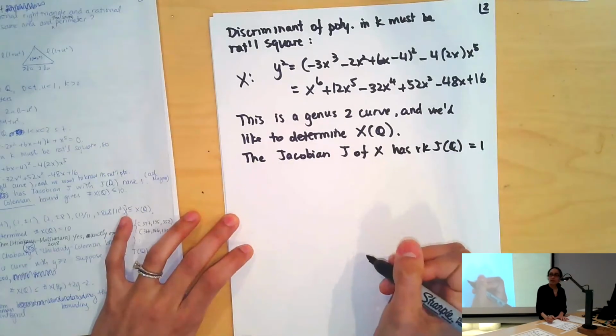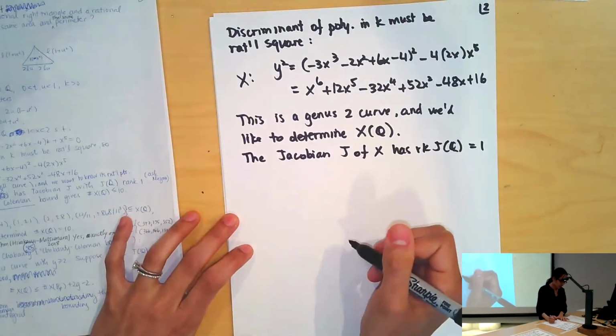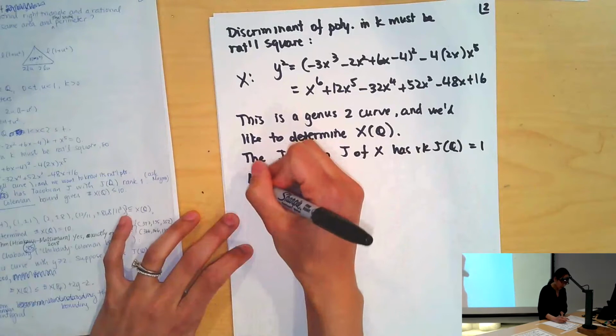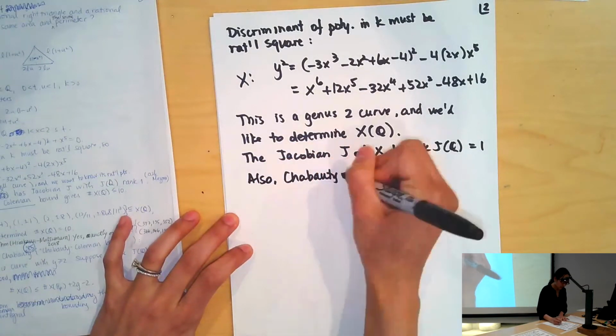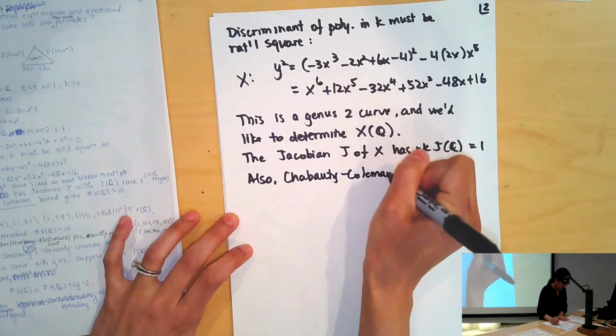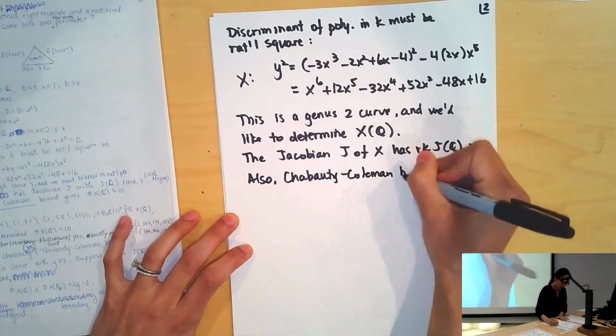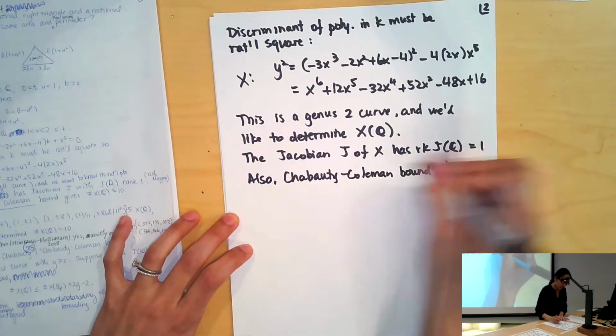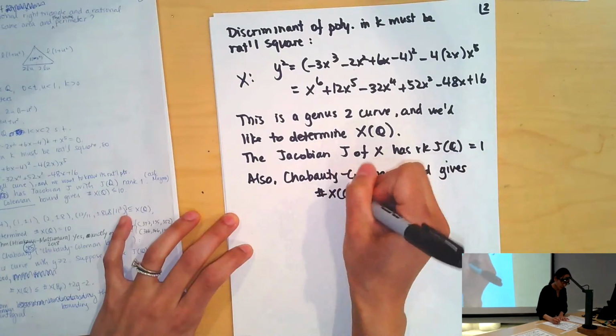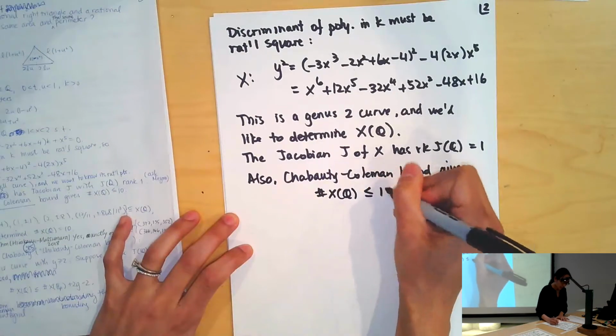And this we can ask Magma to do. Magma tells us this one. And also, the Chabauty-Coleman bound, which you heard a bit about in David Zureick-Brown's lecture, gives that the number of rational points is at most 10.